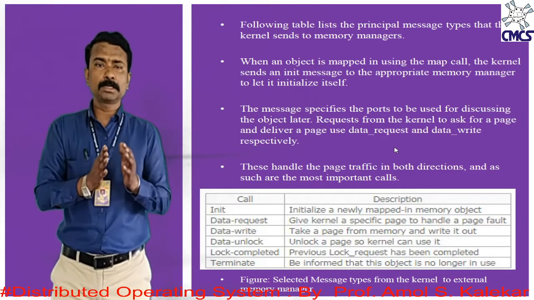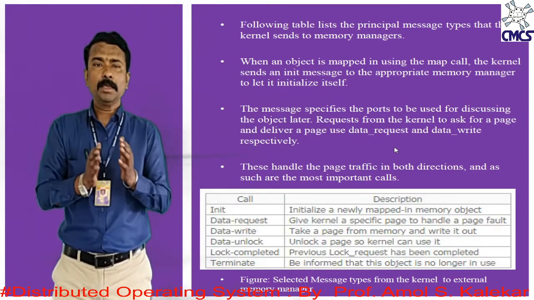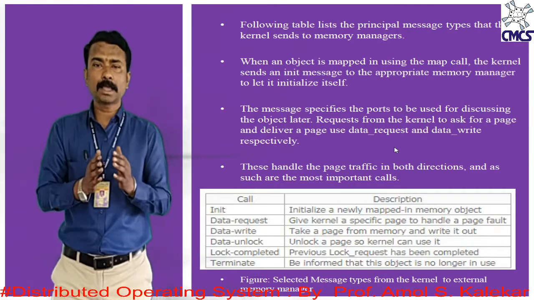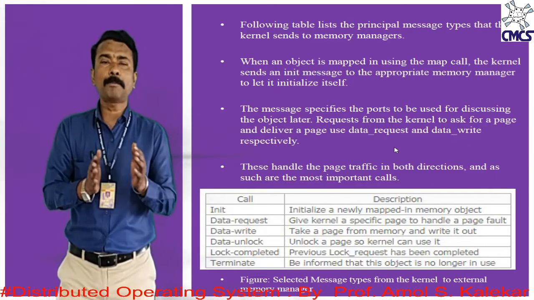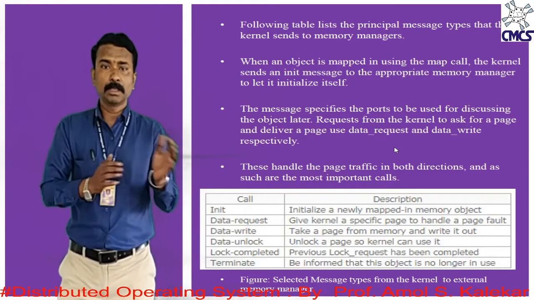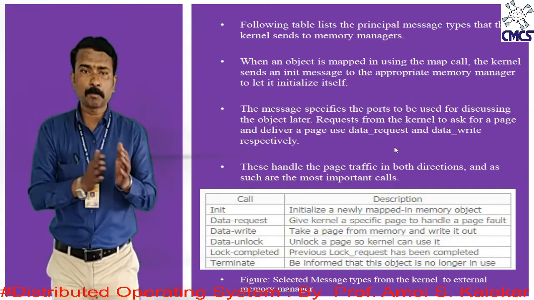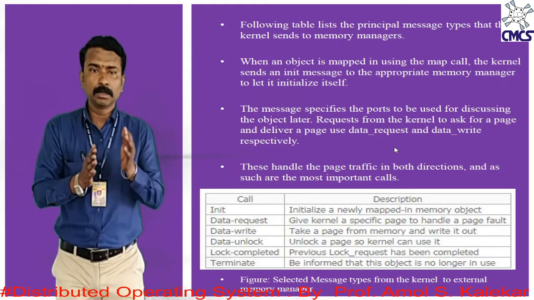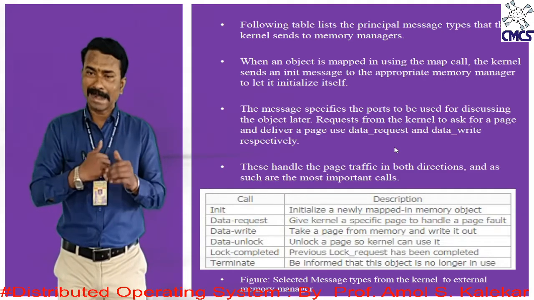When an object is mapped in using the map call, the kernel sends an init message to the appropriate memory manager to let it initialize itself. The message simply specifies the port to be used for discussing the object later.